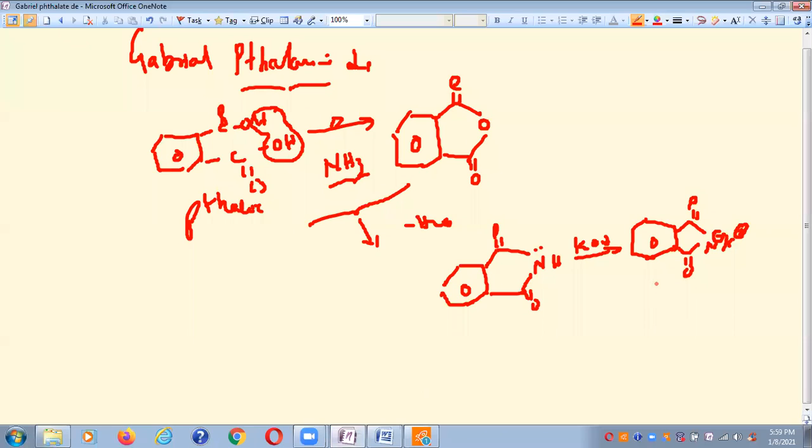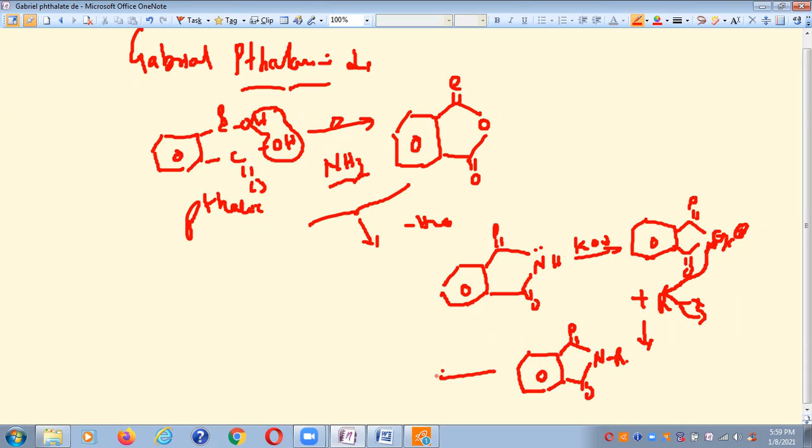The next step, this potassium phthalimide is treated with an alkyl halide. Then this negative charge attacks the alkyl part, and thereby we get the N-alkyl substituted phthalimide. Next, upon acidic hydrolysis, these two bonds will be broken.